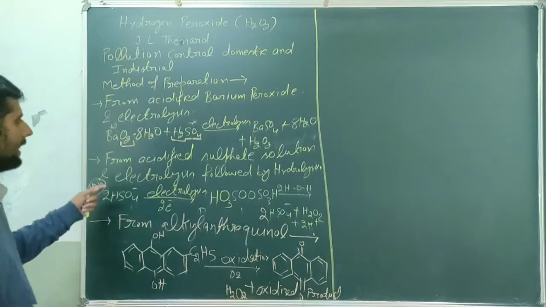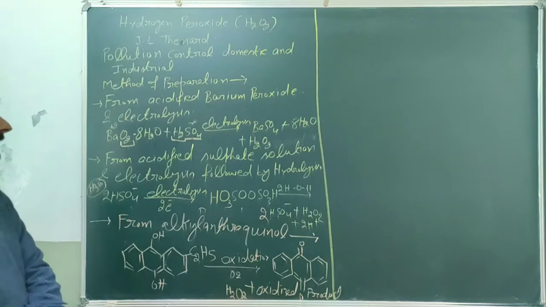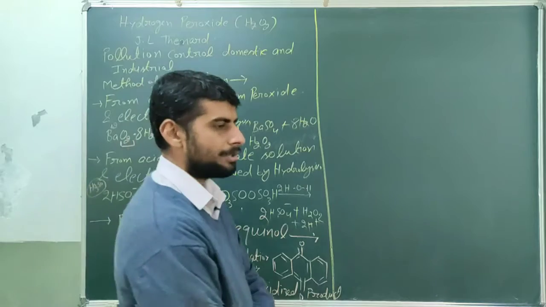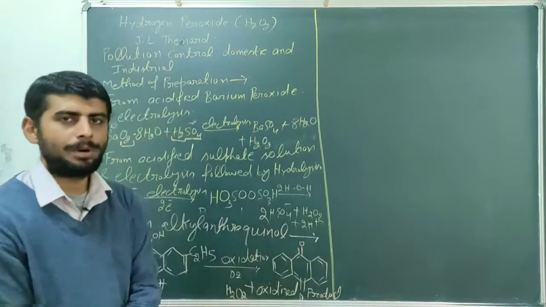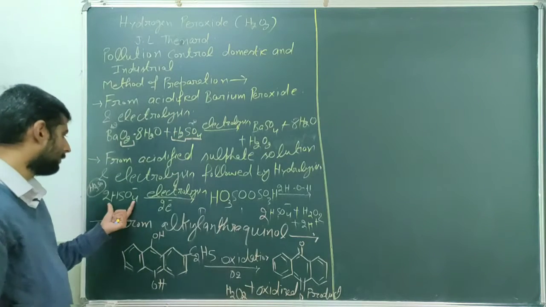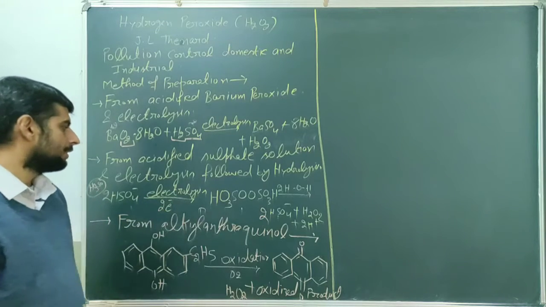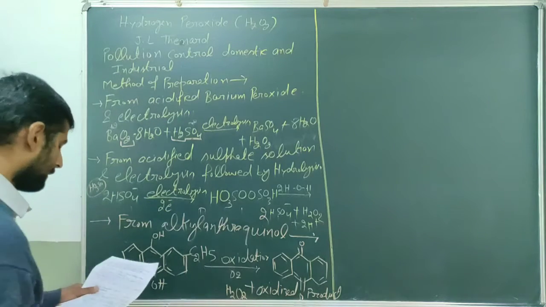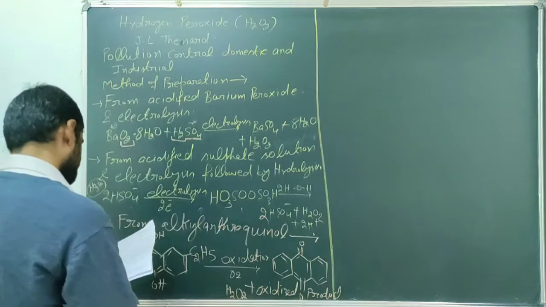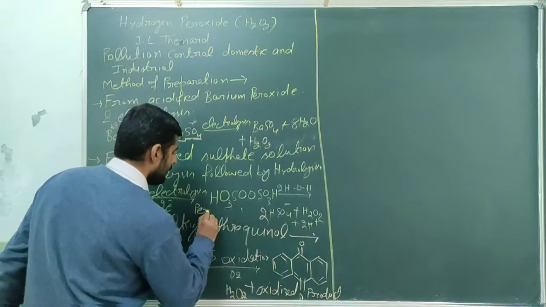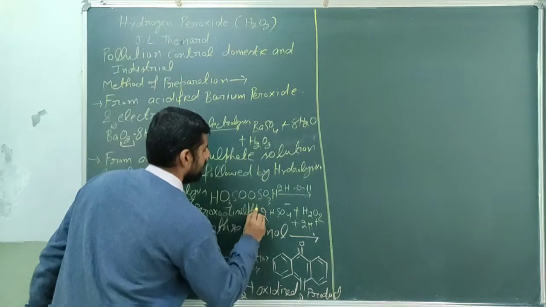The second method is from acidified sulfate solution, electrolysis followed by hydrolysis. Acidified sulfate solution is H2SO4. From H2SO4, if we remove one H+, it forms HSO4 minus. We do electrolysis of HSO4 minus. Then this is a peroxodisulfate.